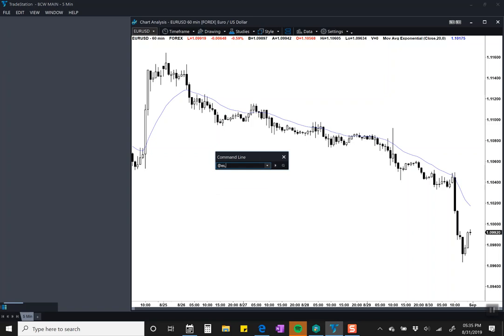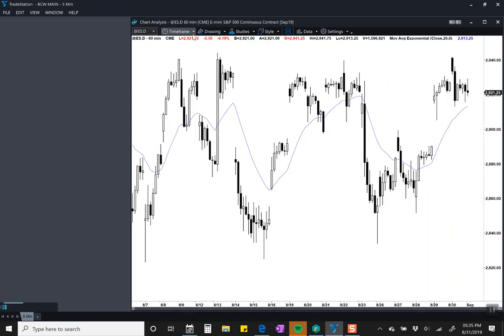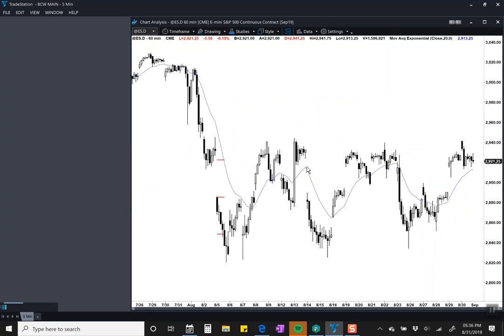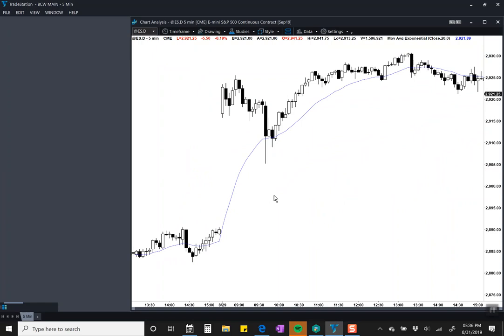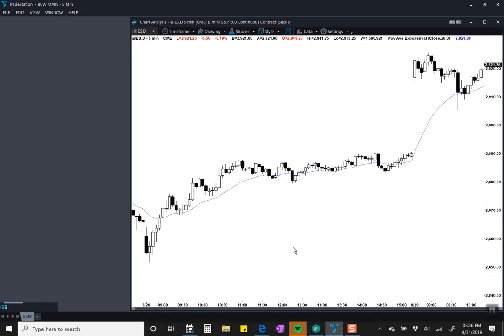All right, back to the E-mini. Six-minute chart. Tight trading range, sold off, tried to get a second leg, and gapped up. So let me just review. Well, heck, I'll start with Monday.